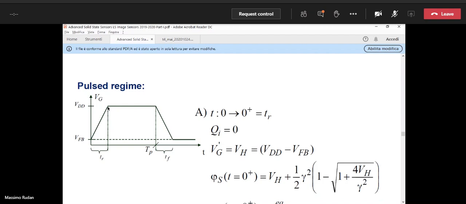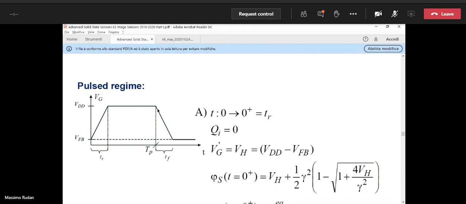Then we keep the voltage to a large value, okay, and then we bring it back to the flat band voltage, okay. So the duration in which V gate is high up to the time Tp is the integration time.